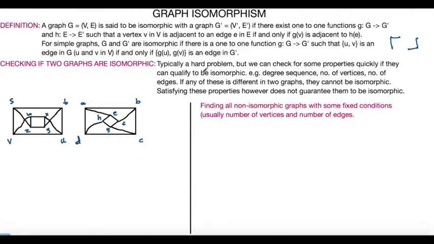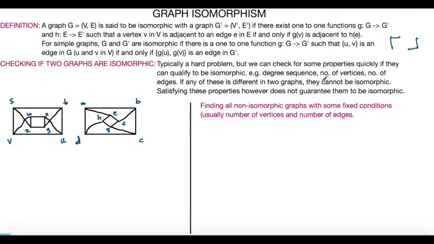But we can quickly check some properties to see if two graphs qualify to be isomorphic or not. Some of these properties are the degree sequence. The degree sequence of one graph should be equal to the degree sequence of the other graph. Similarly, if you see here, we have 1, 2, 1. Here 1, 2 and 1, or 2, 1, 1, because degree sequence is always non-increasing. And same here. So this is one check.